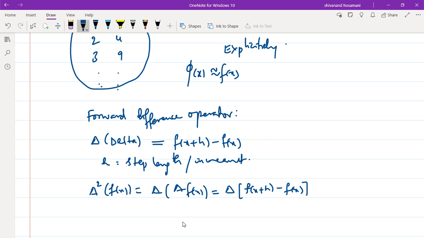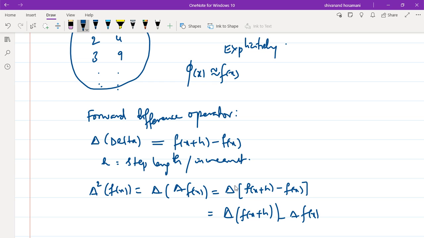But one needs to be very careful here. This delta is distributive. So this can be written as delta f of x plus h minus delta f of x. See, delta has been distributed over this addition or subtraction.